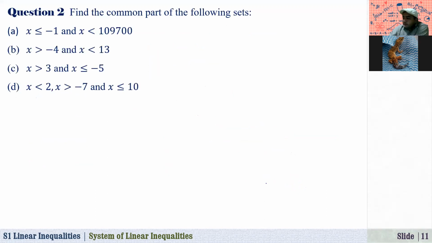Okay. Another question. Find the common part of the following sets. Now we have already done this. Let me just do it quickly. And I think I need to use some space.